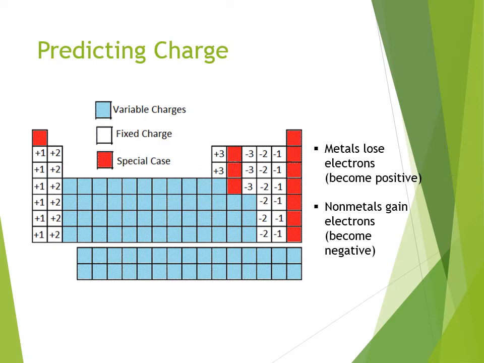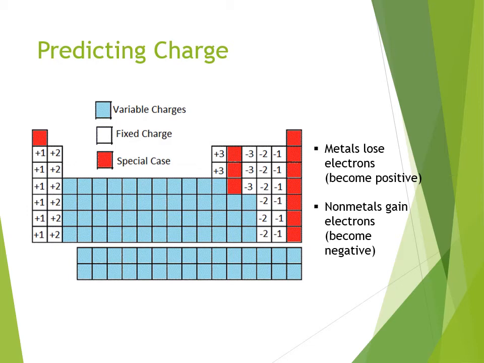We can't predict what those charges are based off of where those blue elements are on the periodic table. However, the elements in white, the fixed charged elements, will have that charge to fill their octet. They will have that charge in combination with other elements all the time. So we can predict those charges based off of what those elements are on the periodic table.